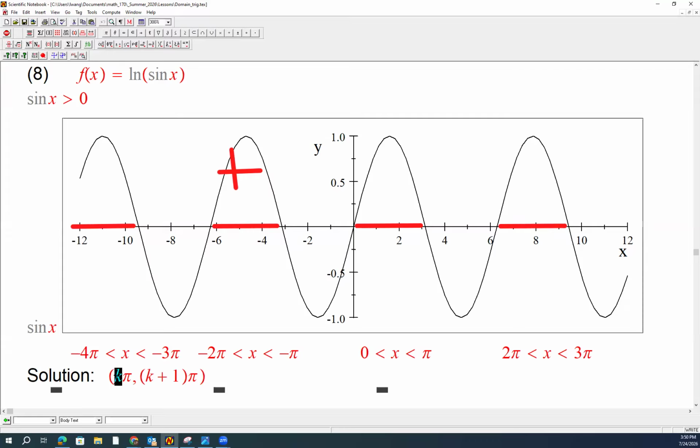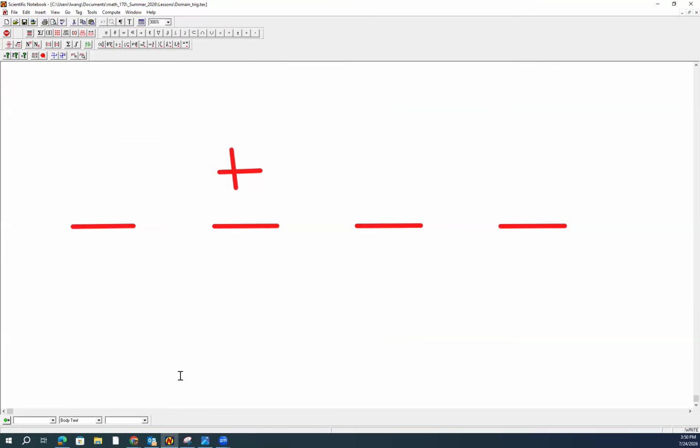If k equals -4, k plus 1 will be -3 pi. That works. If k is -2, k plus 1 will be -pi. That works. If k equals 0, we get 0 to pi, and k equals 2 gives 2 pi to 3 pi. So it looks like the solution works.